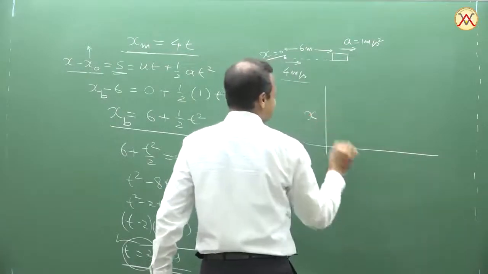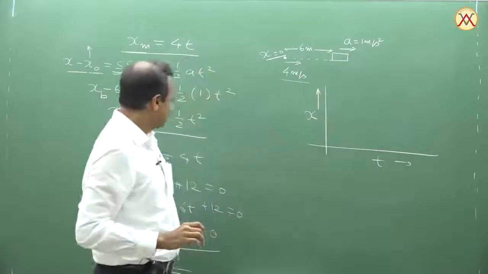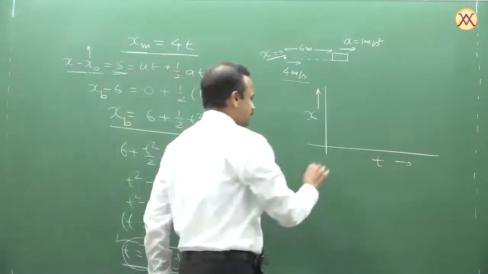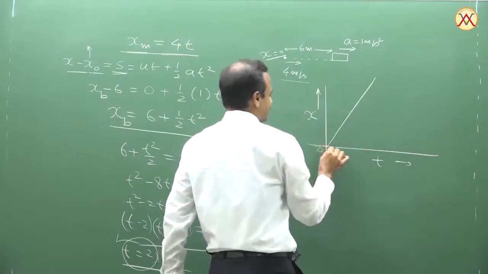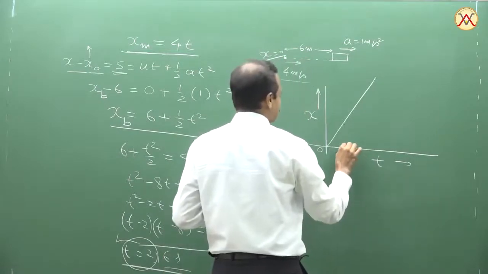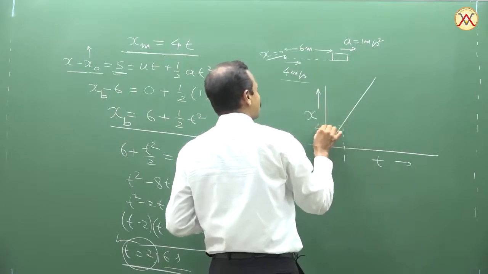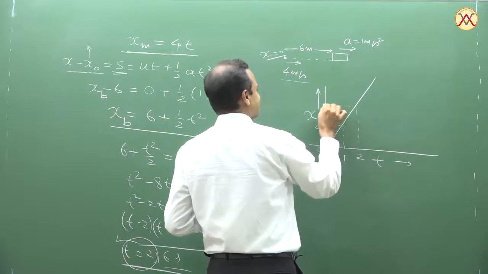The xt graph of the man for t, very simple, will look like this. At t equal to 0 it is 0, and at t equal to 1 it becomes 4, at t equal to 2 it becomes 8, like that.